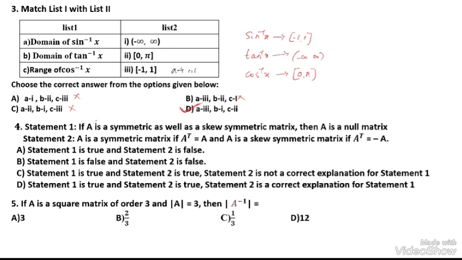Now, question number 4. Statement 1: if A is a symmetric as well as skew symmetric matrix, then A is a null matrix.